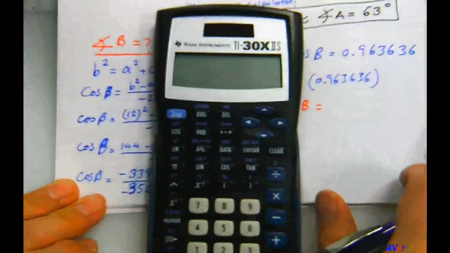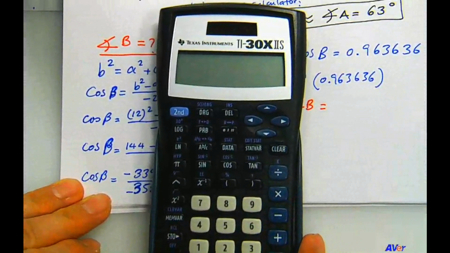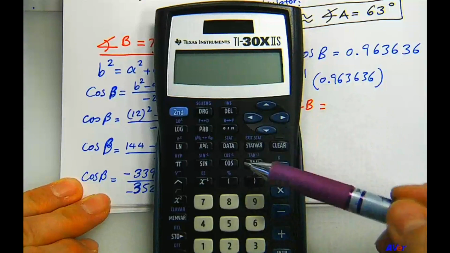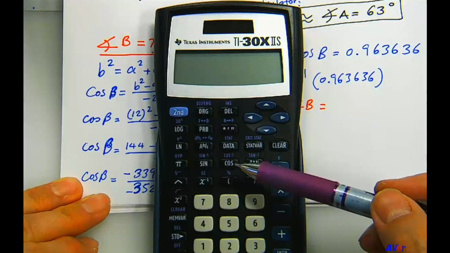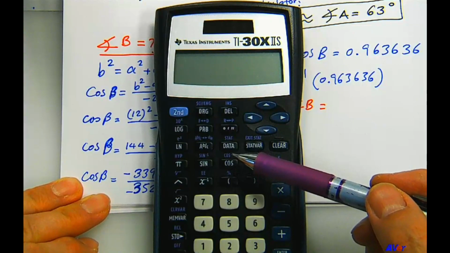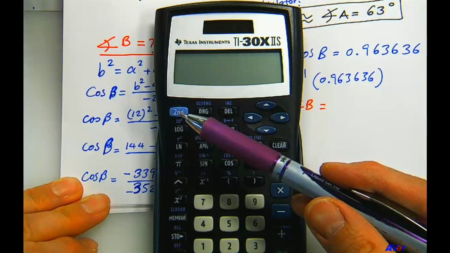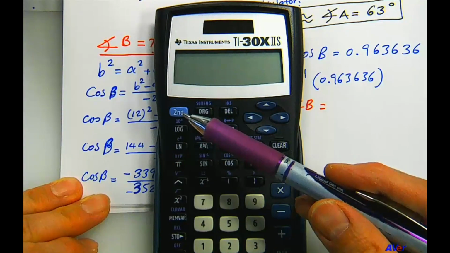So I'm going to show you here. I hope you can see it in the video. So I have a cosine button here. Right on top of it, in purple or blue, is inverse cosine. To activate that button, I'm going to need to use this second button before that.